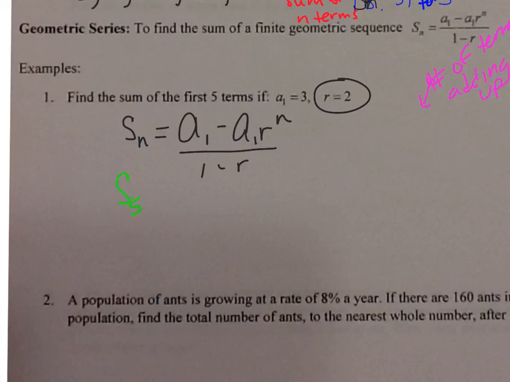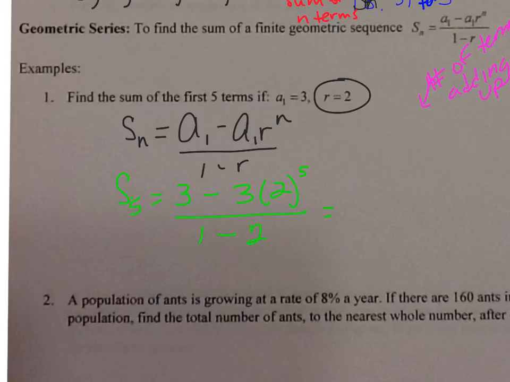So it's S sub 5 equals A sub 1, which is 3, minus 3 times my common ratio, which is 2, raised to the n power, which is 5, all over 1 minus my R, which is 2.